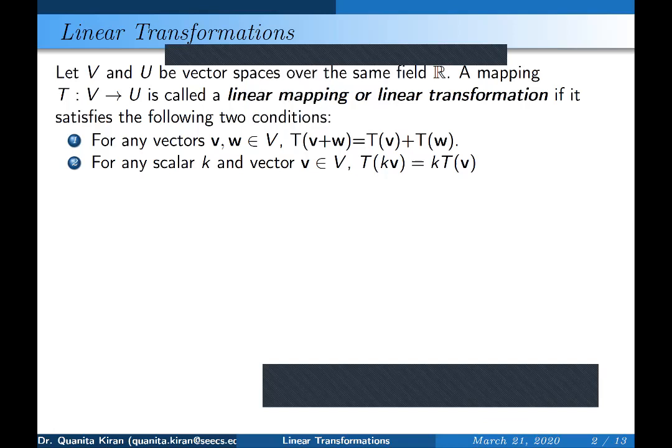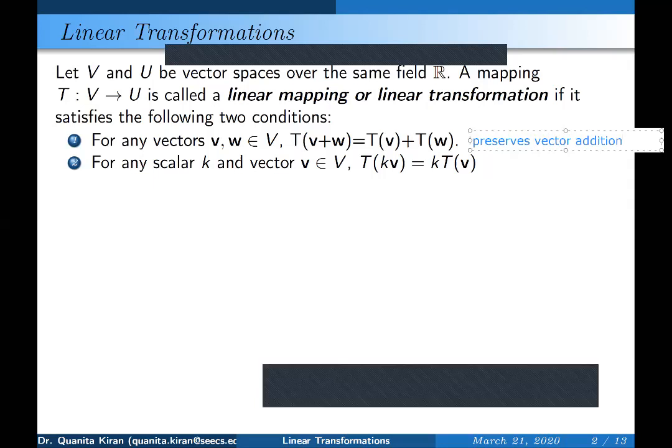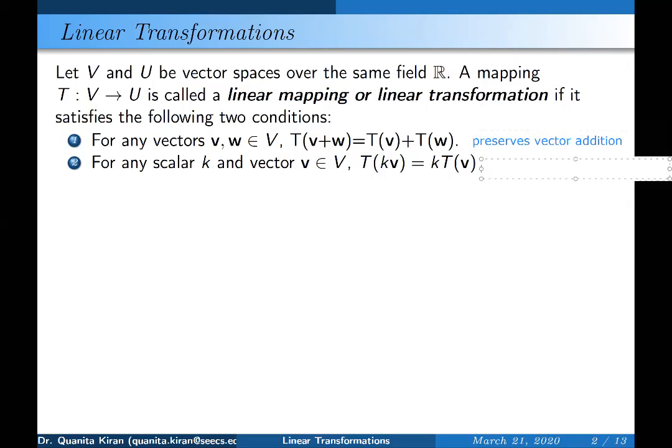The first condition is categorized as: the linear transformation preserves vector addition. And the second property is that it also preserves scalar multiplication.